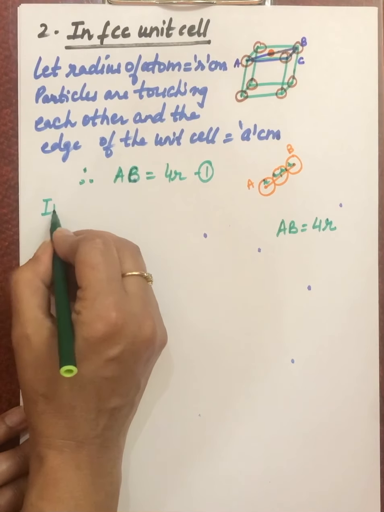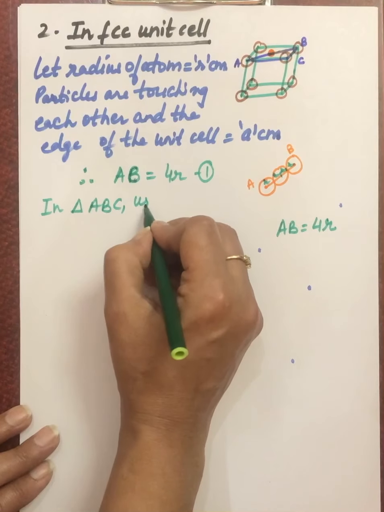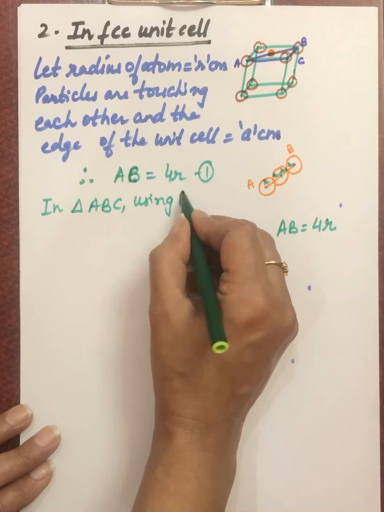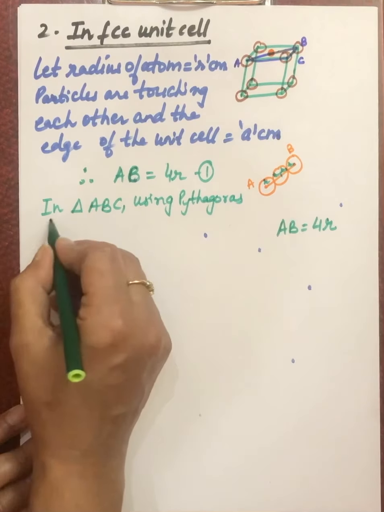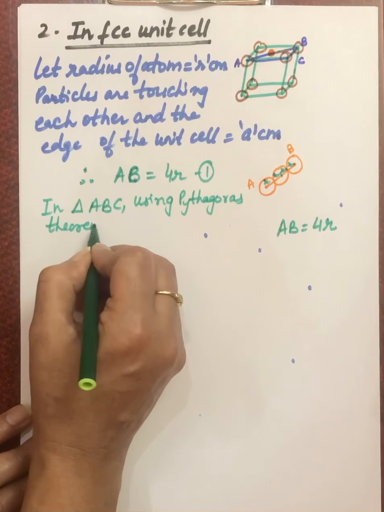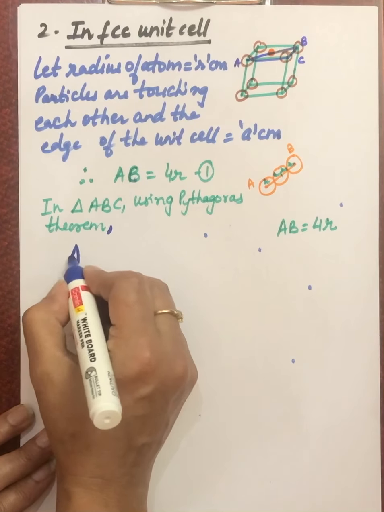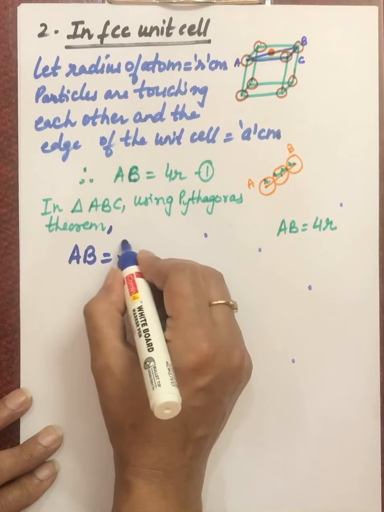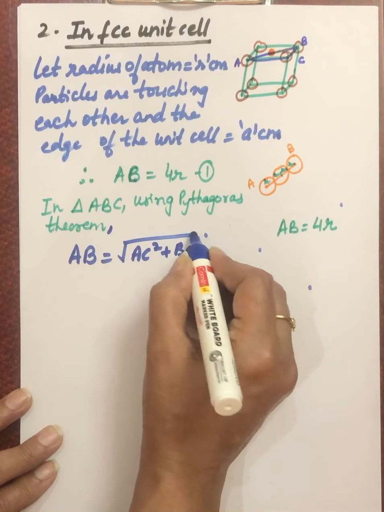Now come to triangle ABC. In this triangle, when we apply the Pythagoras theorem, we will get AB is equal to root of AC square plus BC square.